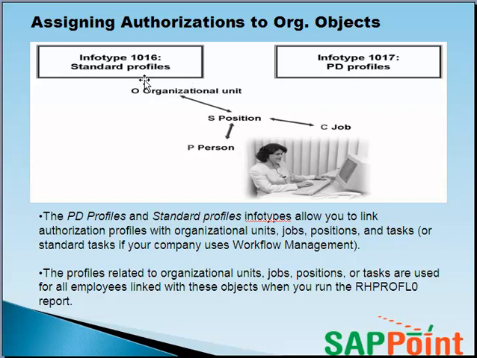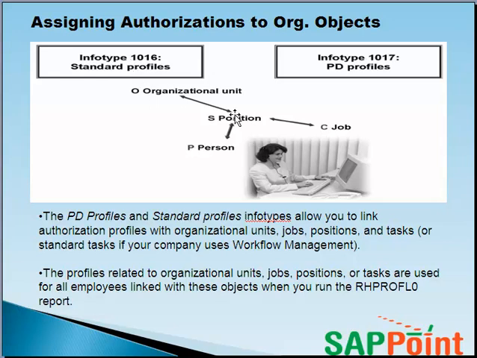Now, once the structure profile or the standard profiles are linked with the organization objects, once you run the program RHPROFL0, the users who are assigned to those positions or the org units or the jobs will inherit those structure profiles or standard profiles.